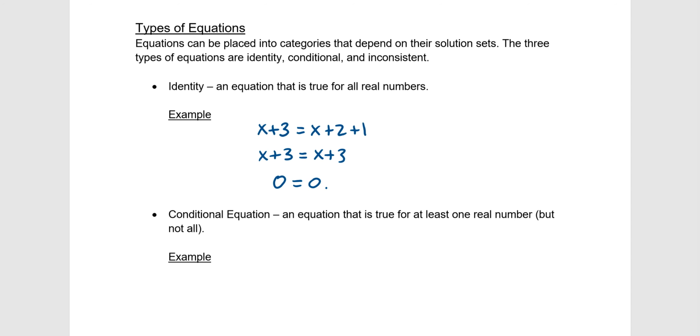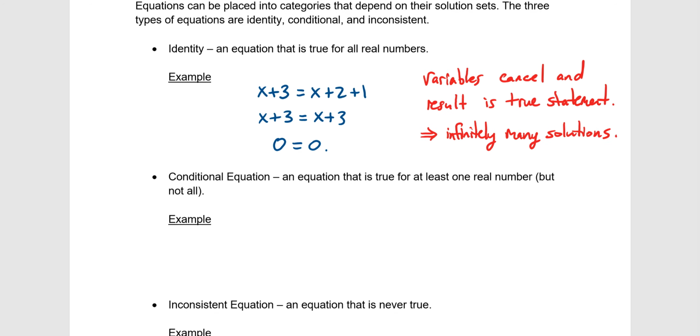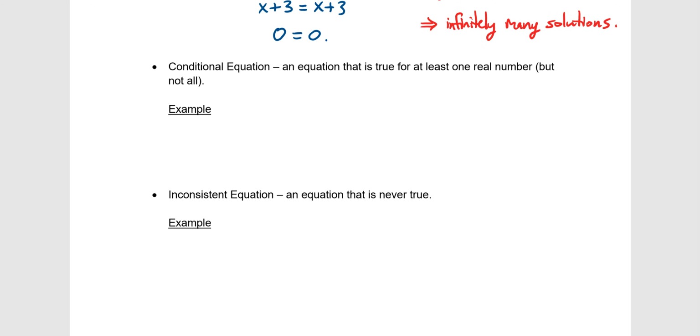No matter what we plugged in for x, we would always get a true statement. So for an identity equation, there are infinitely many solutions. If we can plug in any value for x and it's always true, then there are infinitely many solutions.